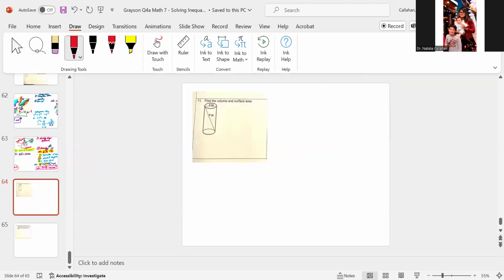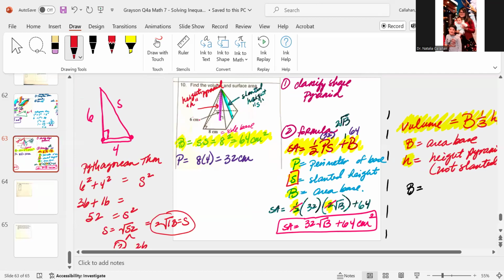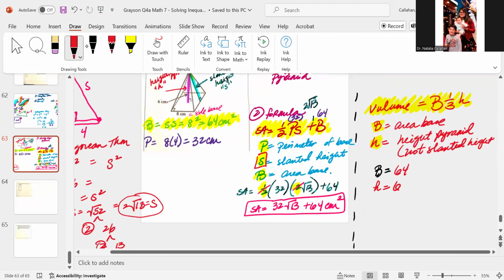This is not difficult. No, 8 is the side. What is the area of the base? So what is 8 times 8? Let's pay attention, please. H is what you need to find next. What is the height of the pyramid? Good. Do I have any other letters I need to find? No. Got base, got height, plug it in. 64.